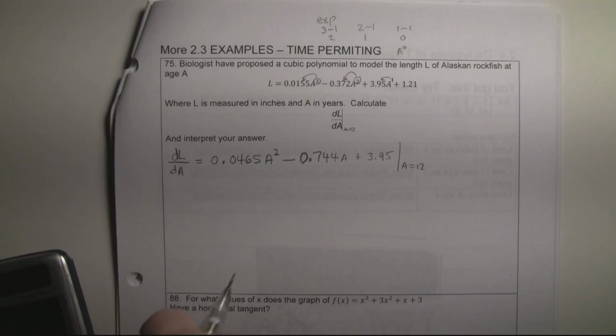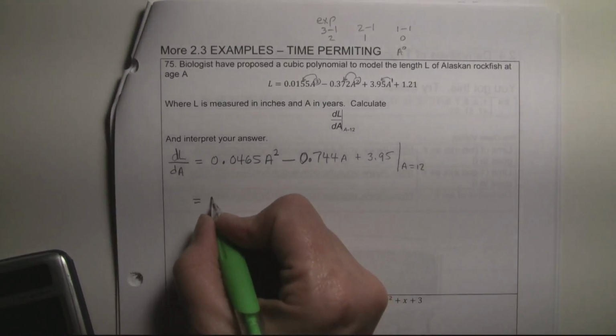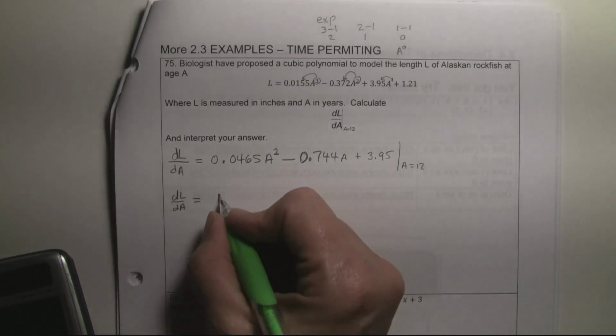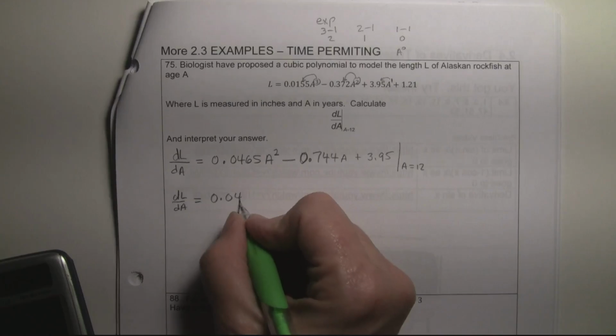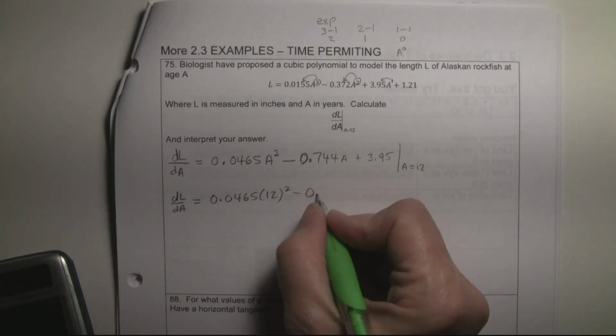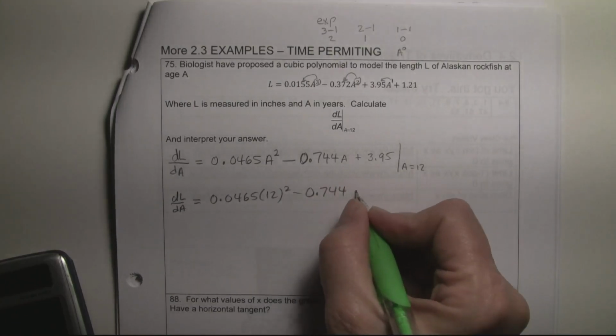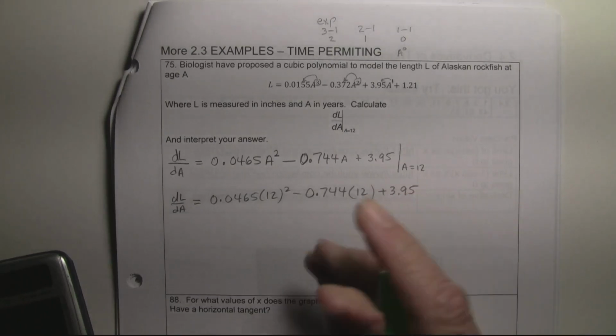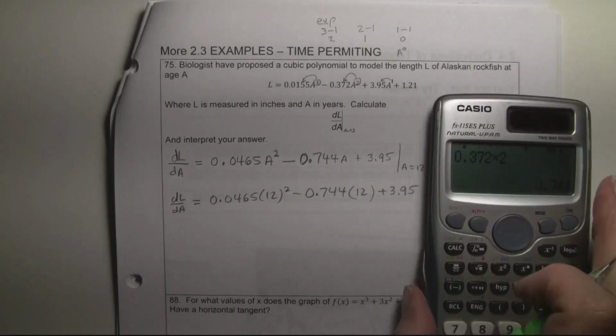So now I'm going to put right in here, this is my derivative, equals 0.0465 times 12 squared minus 0.744a, which is 12, plus 3.95, and I'm going to put that in my calculator.